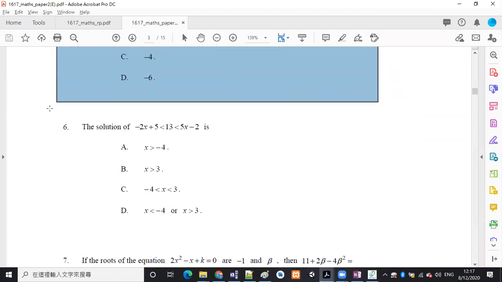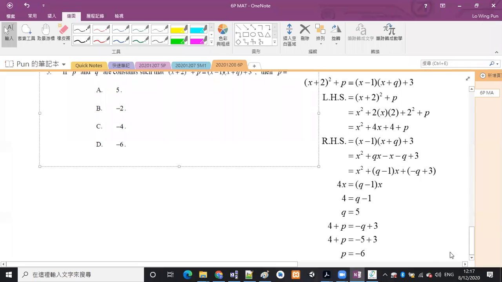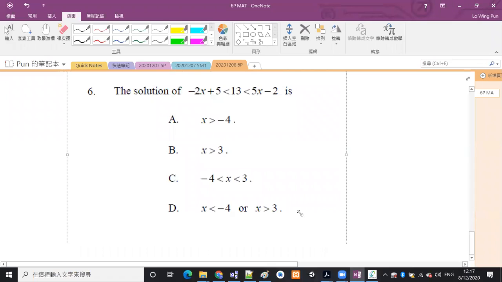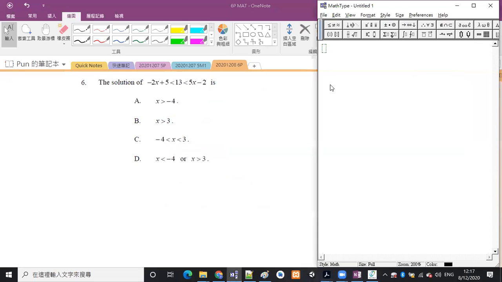Number 6. Inequality. Negative 2x plus 5 less than 13 less than 5x minus 2。咁又係呢度左中右嘅話，我哋會咁樣做嘅，即係變咗做 negative 2x plus 5 less than 13, and then and 13 less than 5x minus 2.